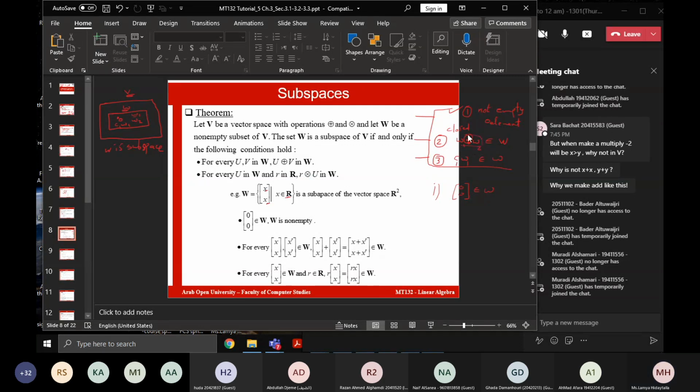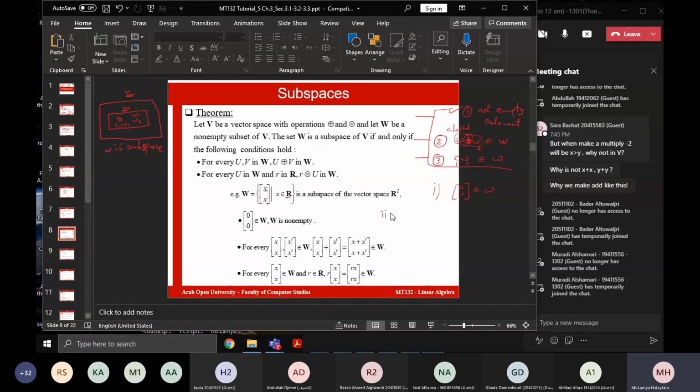Is it closed under addition or not? Let's take any vectors, not in numbers. If you want to prove, you cannot take examples. You take examples only if you want to show that it is false. Okay, here in this case, number 2.